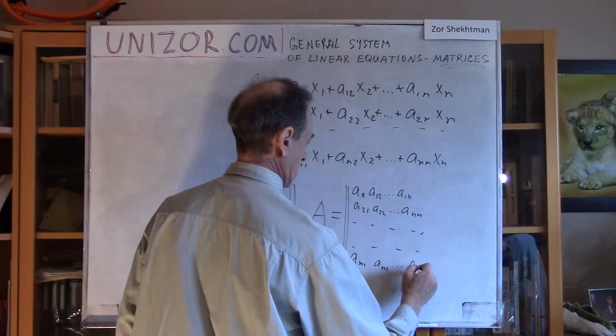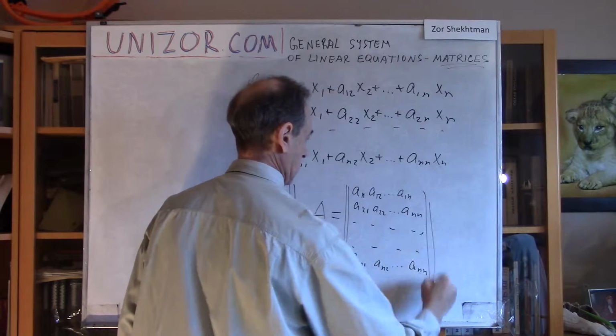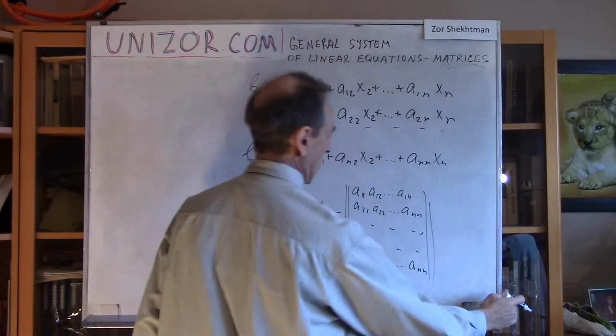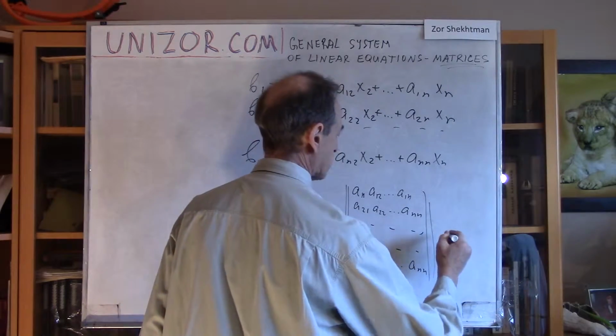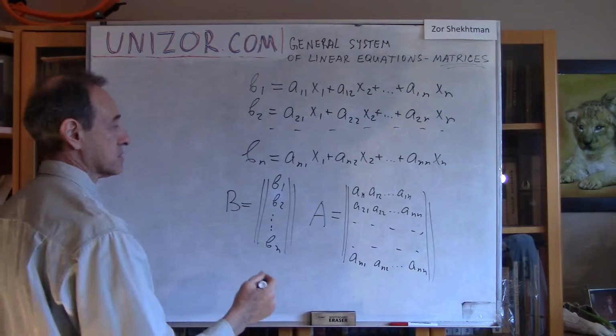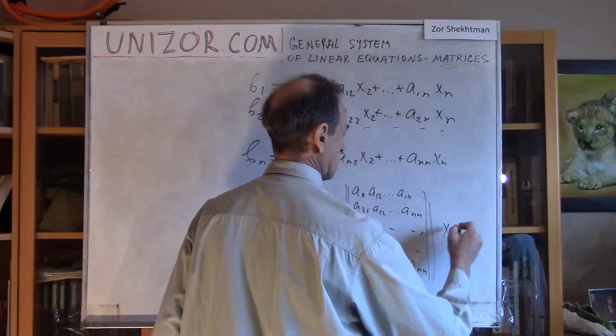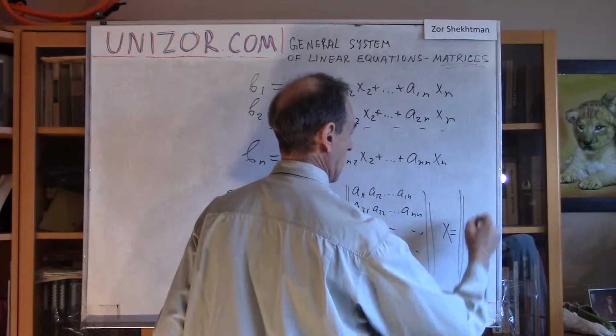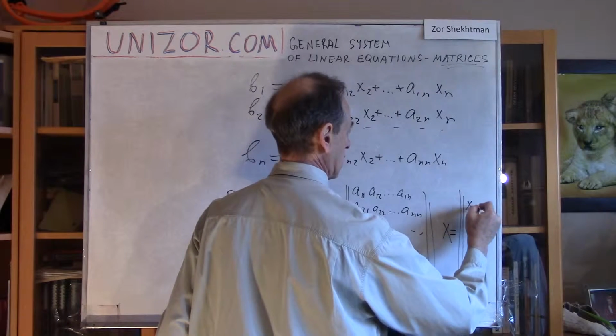And finally, I would like you to consider the unknown variables as, again, a column vector.